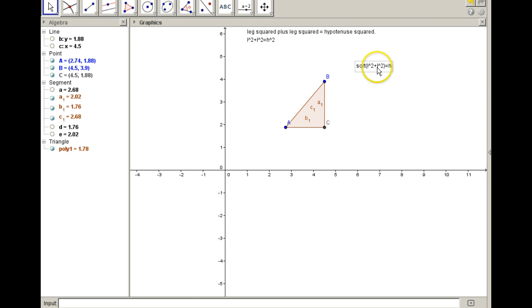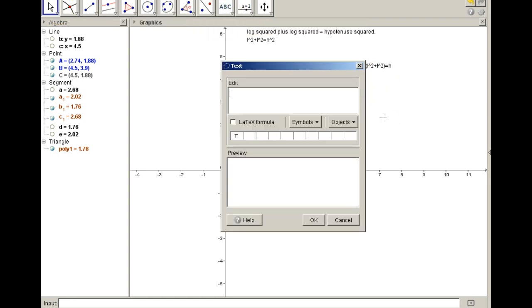So now we can rewrite this. Instead of saying L squared plus L squared, we can say it's still the square root of, but the first leg is going to be the x coordinates: x of the second point minus x of the first point, squared. We put that in parentheses: x2 minus x1, close parentheses, and square that. So this is the length of that first leg, plus y2 minus y1, and we'll square that.